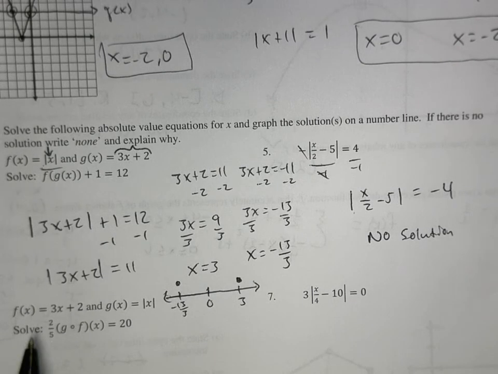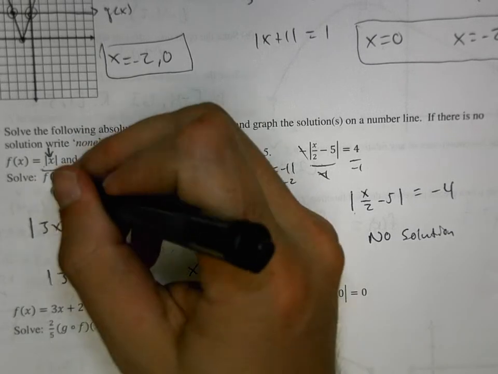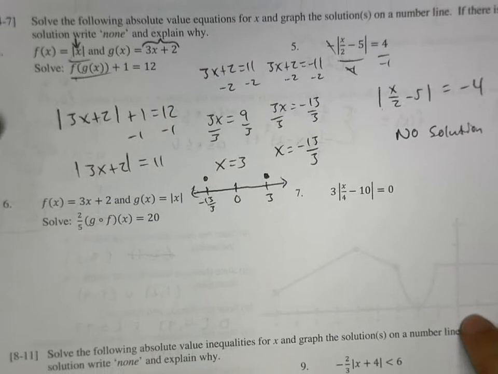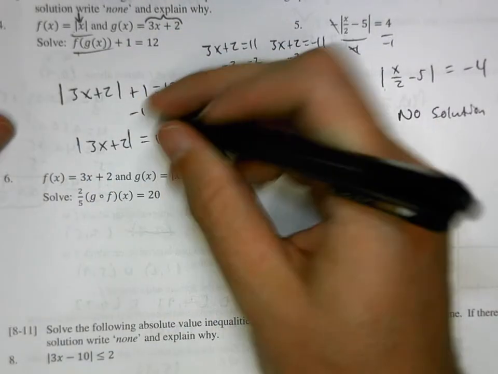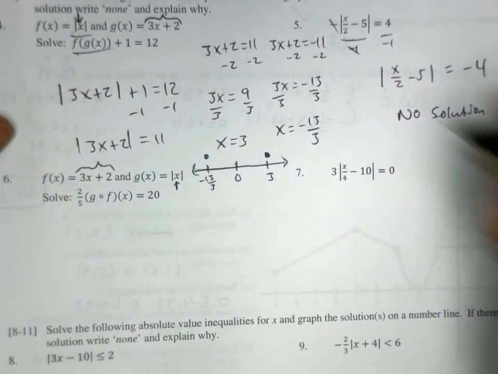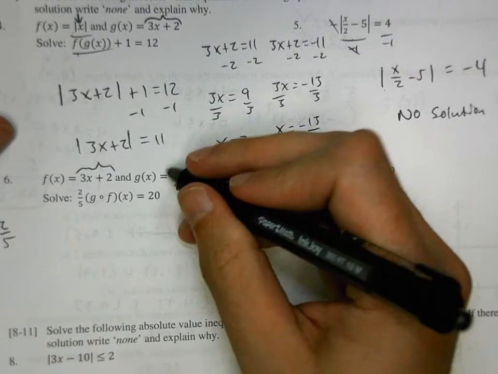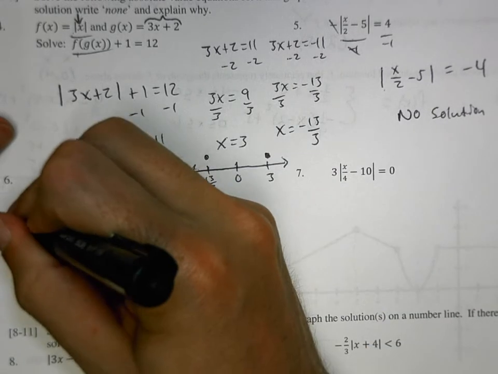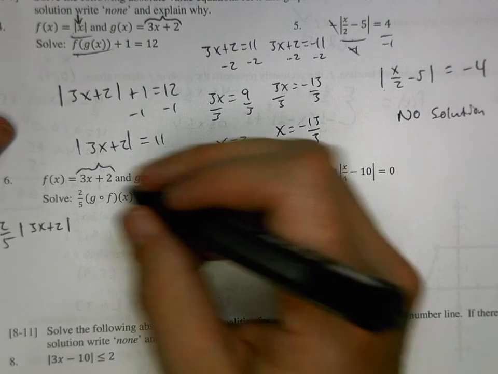For 6, g of f of x, it's the same thing as writing this thing up here, except the f and g are backwards in this situation. So that means wherever we see x in g of x, we have to replace it with this guy. So this would be 2/5 absolute value. Instead of x, I have to write the function that's f of x equals 20.